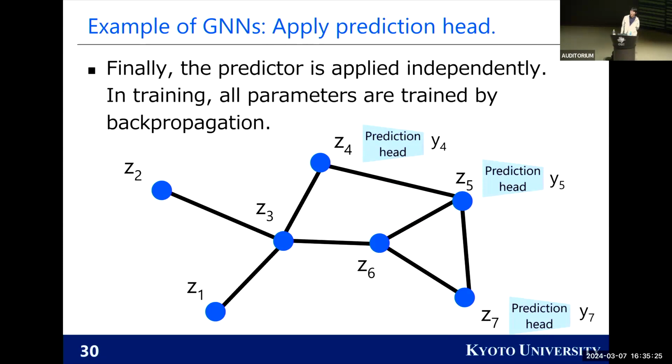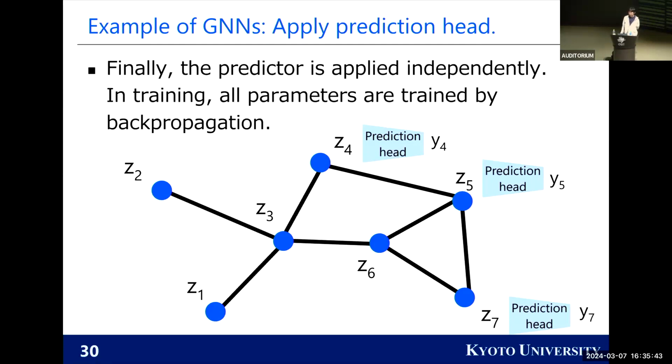This embedding contains much information about the surrounding nodes and the graph structure around the center node. We apply the predictor to this embedding independently, and we can predict the label for each node.